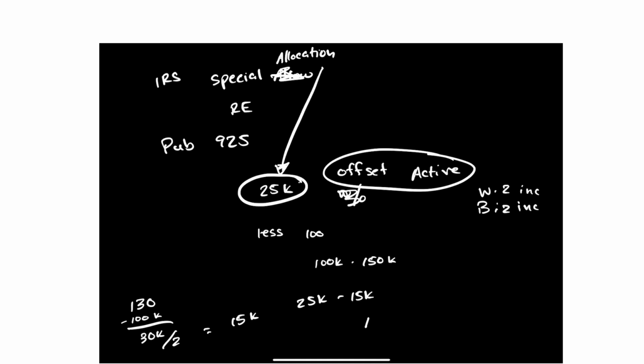So instead of the $25,000 allowance, you now get $10,000 of passive losses to offset active income.